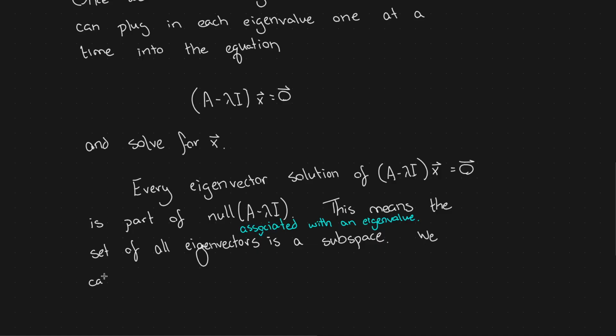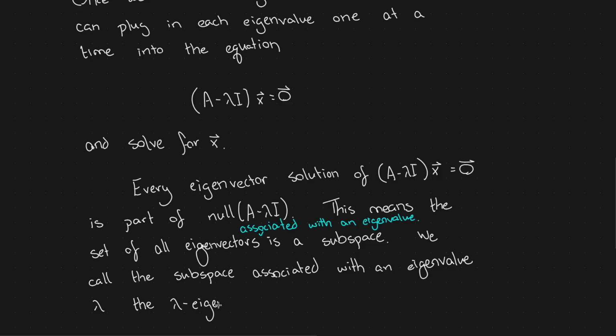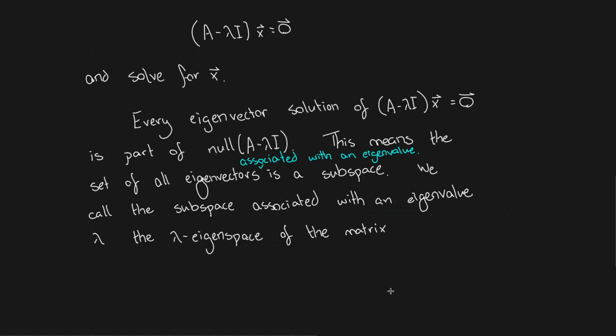We call the subspace associated with eigenvalue lambda the lambda eigenspace of the matrix, and notate it S sub lambda.